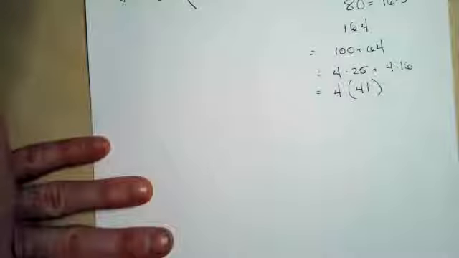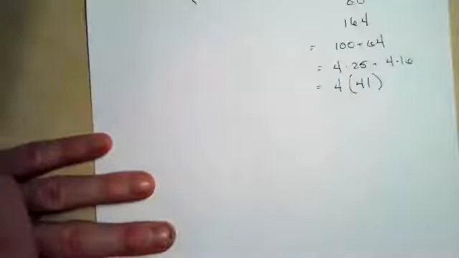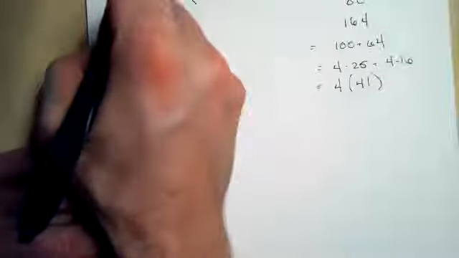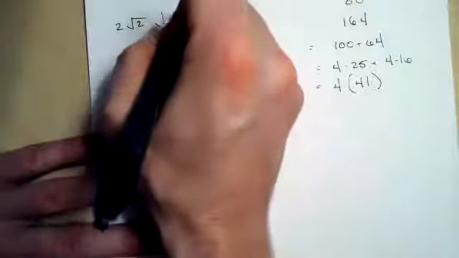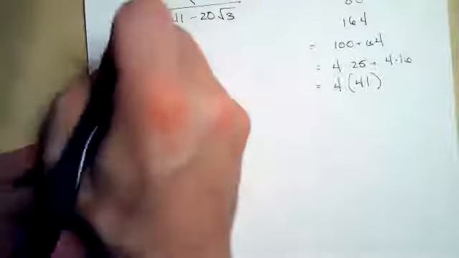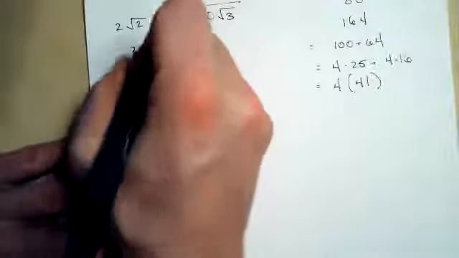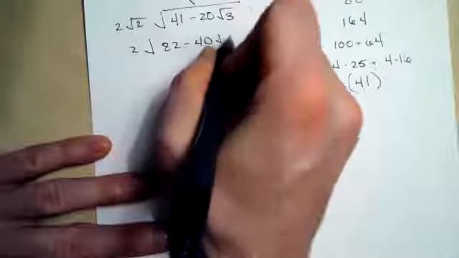I was hoping to get an extra power of 2 to get rid of that square root. So unfortunately, it's not. So it's going to be 2 square root of 2 times the square root of 41 minus 20 square root of 3. And then you're going to want to distribute that 2 into the square root just to simplify those two.